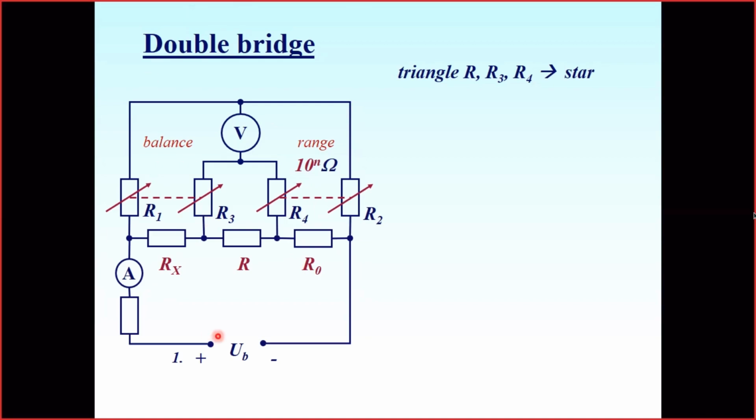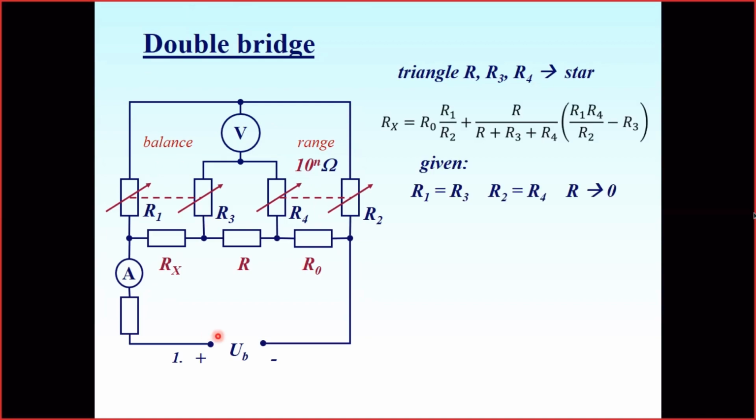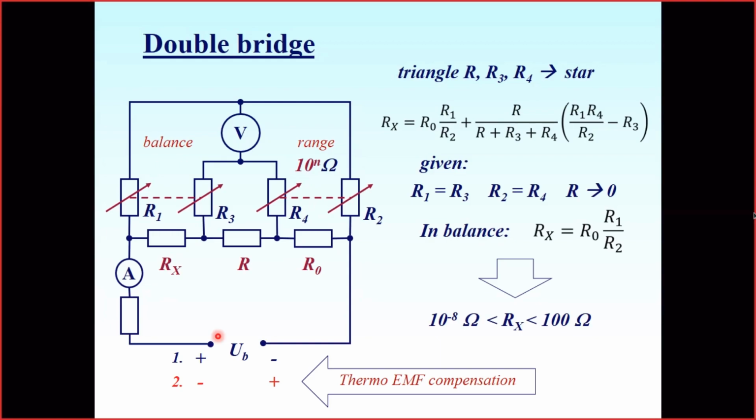So the double bridge actually allows measuring resistances down to 10 to the power of minus 8, so we even speak about 10 nano ohms. So a double bridge may measure very small resistances.